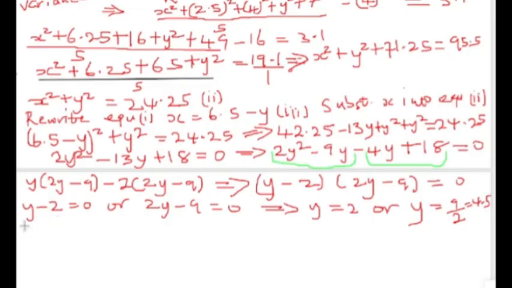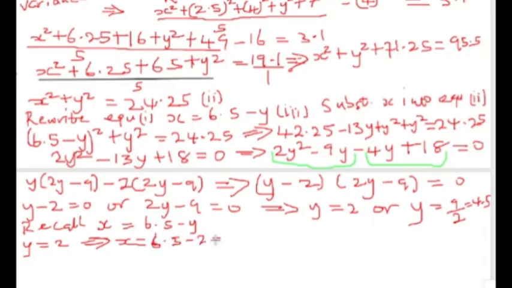So now we recall that from equation 1, x is equals to 6.5 minus y. So when y is equals to 2, this means x is equals to 6.5 minus 2, which gives us 4.5.